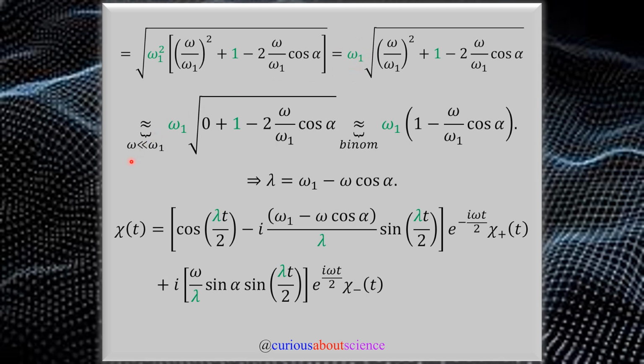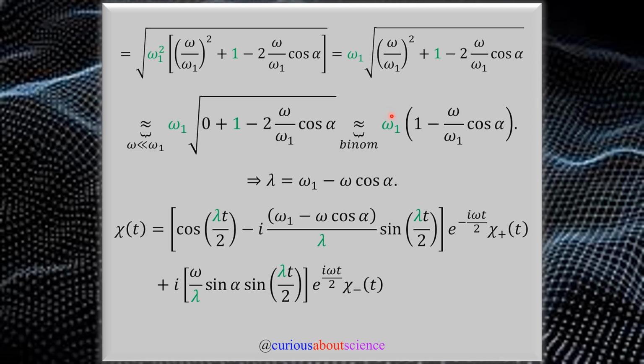Now when we apply the regime of the adiabatic approximation, omega is much less than omega 1, so this fraction goes to 0. Now we have 1 minus 2 times something that's really small. Therefore, we can use the binomial approximation and get rid of the square root through this linearization.